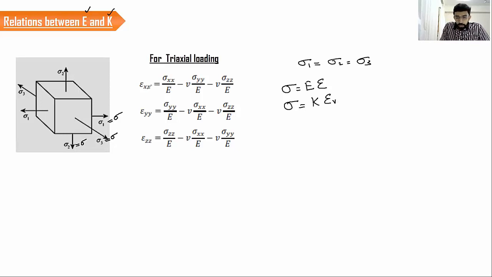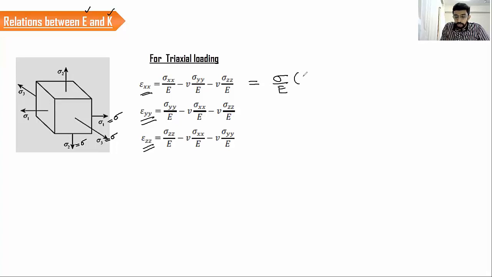Now, if you take the strains epsilon x, epsilon y, and epsilon z, considering that sigma x, sigma y, sigma z are equal, how can we rewrite the system of equations? So this equation can be rewritten as sigma by E into 1 minus 2 mu, because sigma is common, you can take sigma and E outside. This is also the same equation, sigma by E into 1 minus 2 mu.